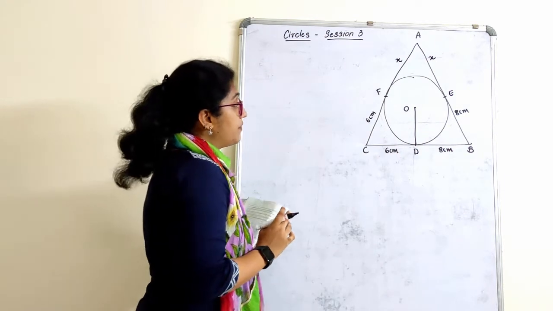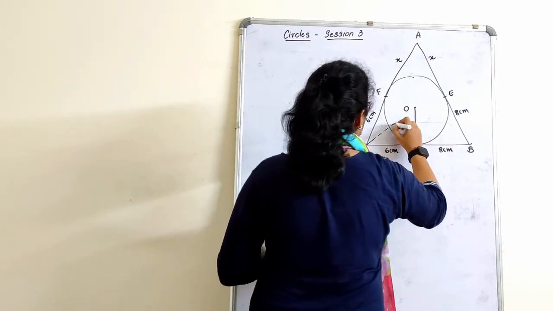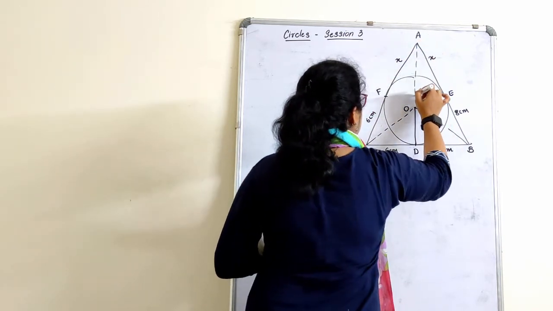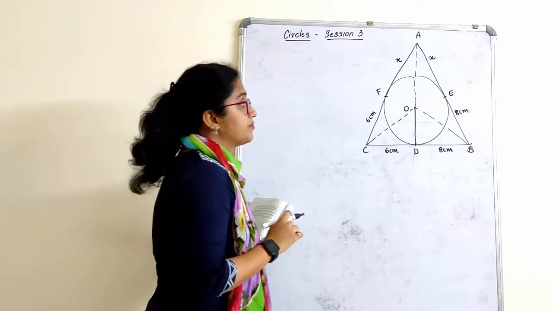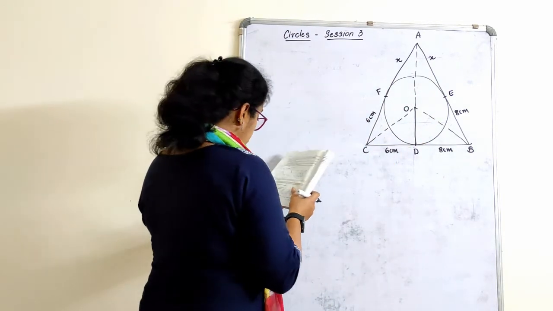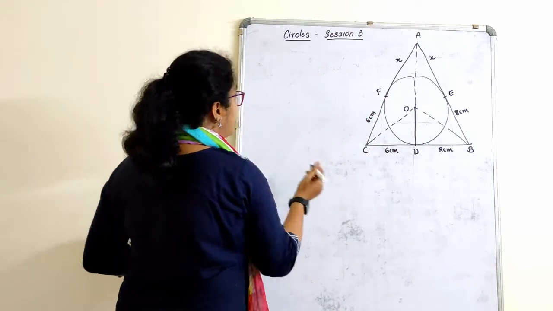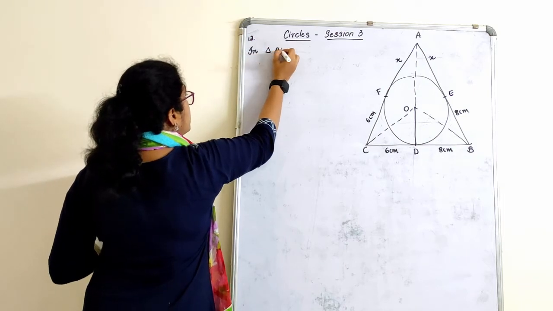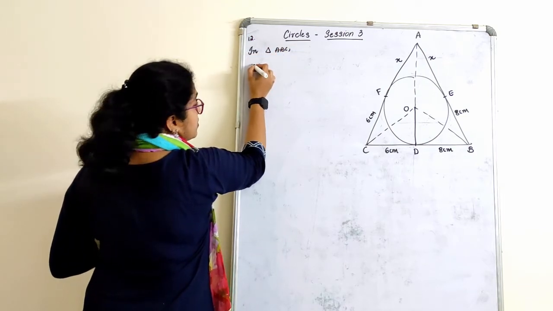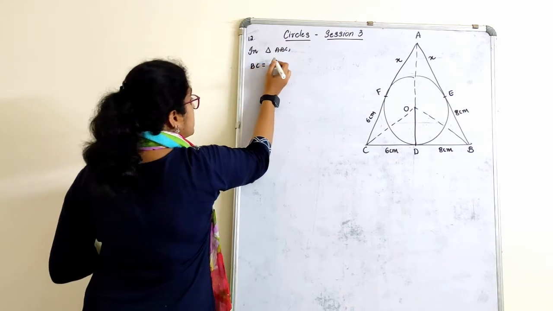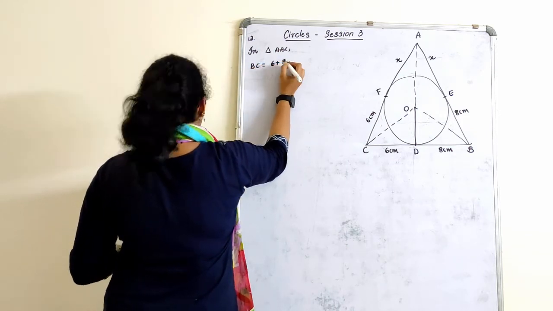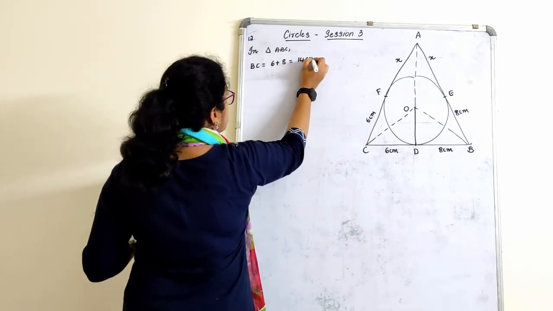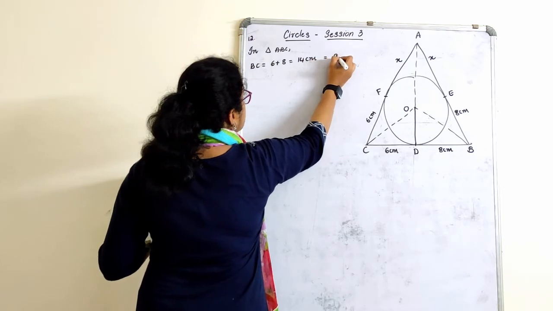Right? Now what we have to do here is join OC, join OB, and join OA. So find the sides, what they have given us. We'll just mention, in triangle ABC, BC is equal to 6 plus 8, that is equal to 14 centimeter. So we'll consider that as a.